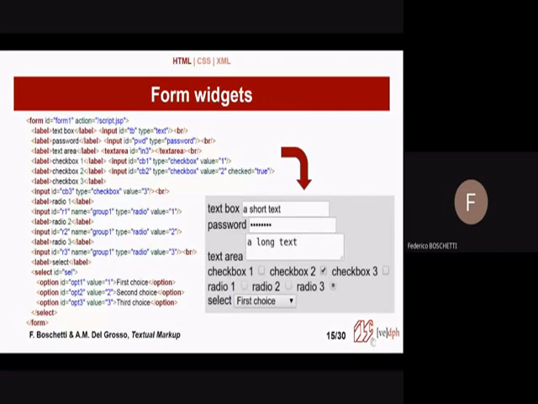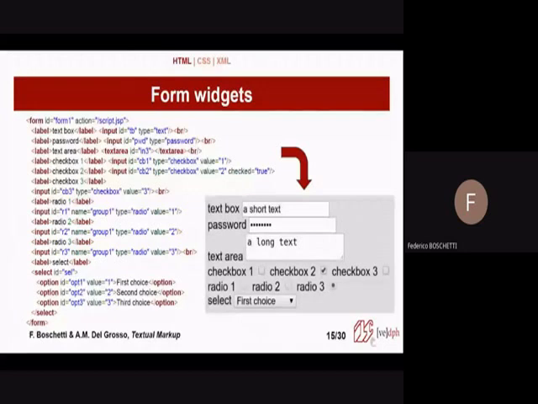So if you select one, the other ones are unselected, and vice versa. So if I check radio 1, the other ones are not checked, and if I check radio 2, 1 and 3 are not checked, and if I check radio 3, 1 and 2 are not checked.